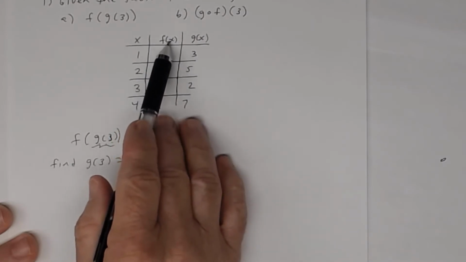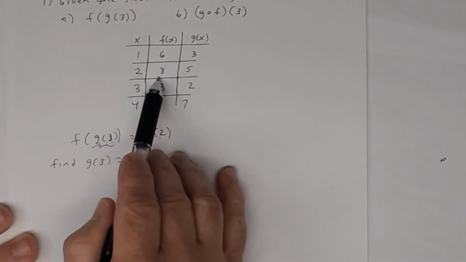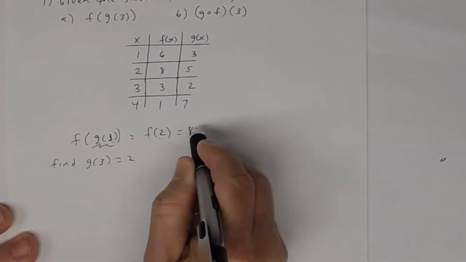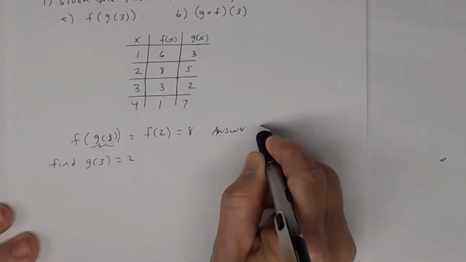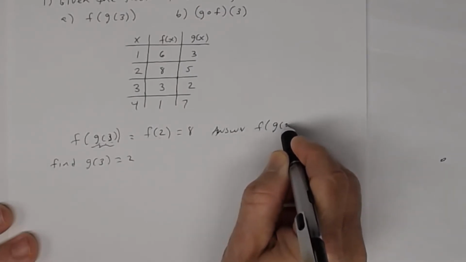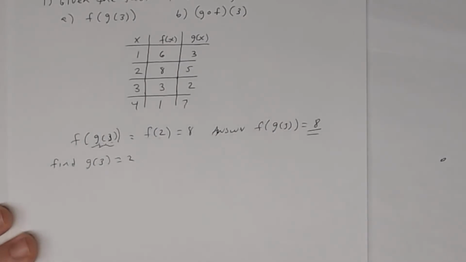When x is 2, f of 2 is 8. And therefore your answer: f of g of 3 is equal to 8. Not difficult at all. It's a very simple process.